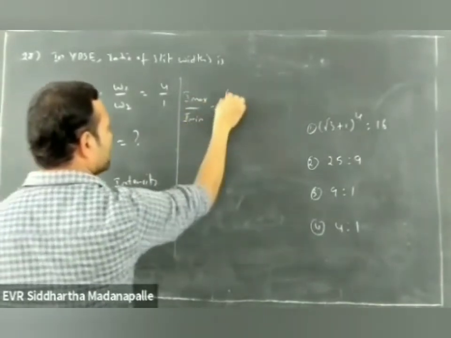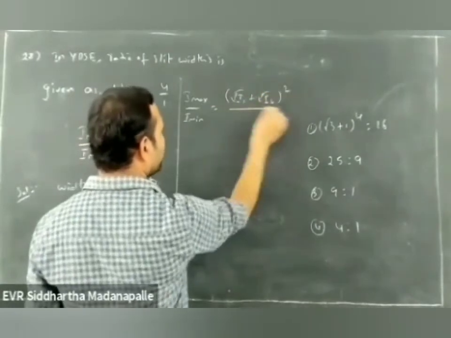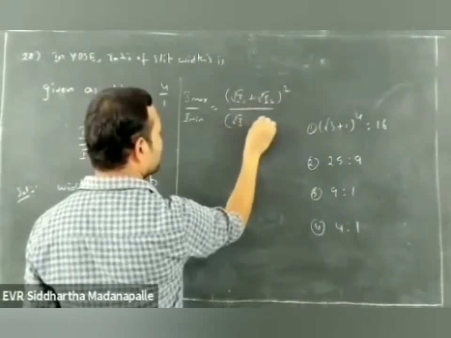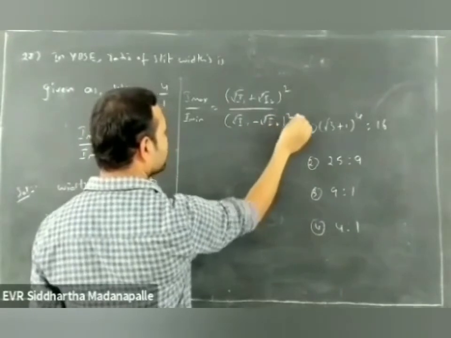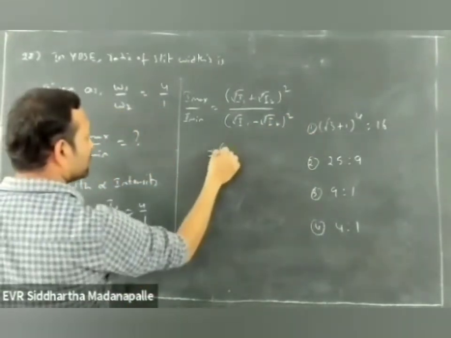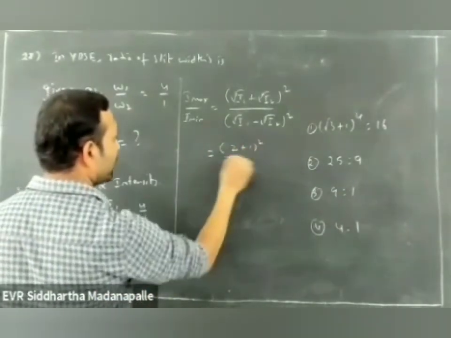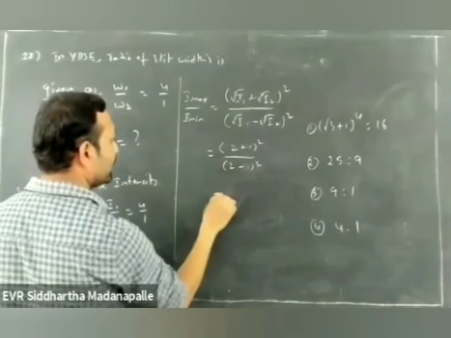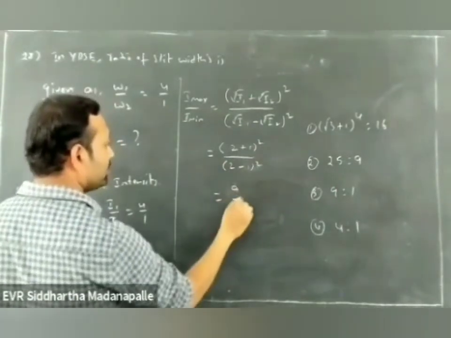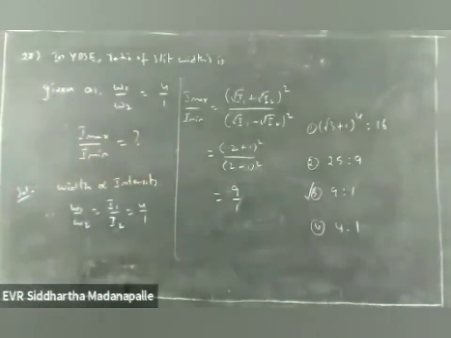The formula is root I1 plus root I2 whole square by root I1 minus root I2 whole square. Now substitute here. Root I1 is nothing but 2, so 2 plus 1 whole square by 2 minus 1 whole square is equal to 3 whole square, 9 by 1. So 9 by 1. This is the answer.